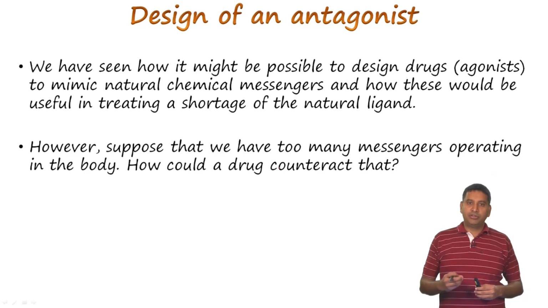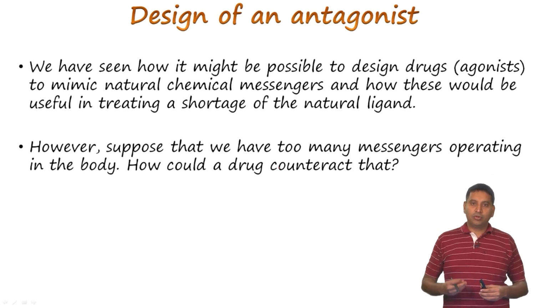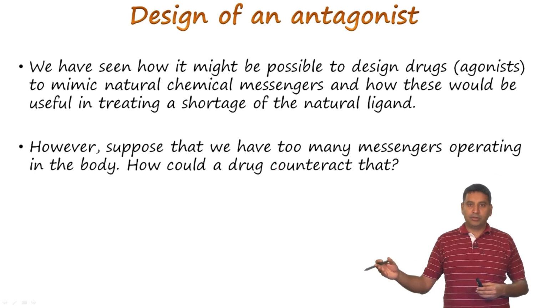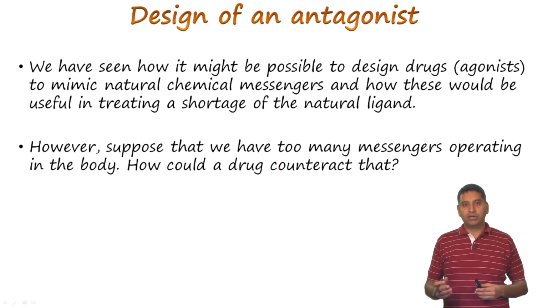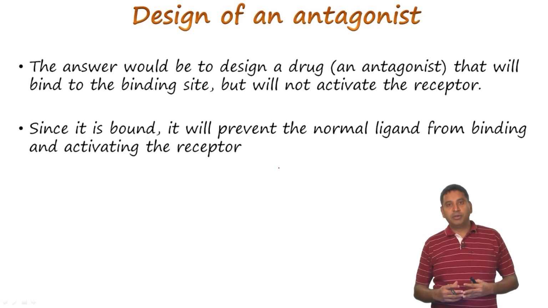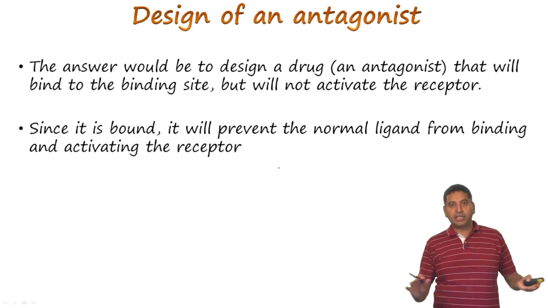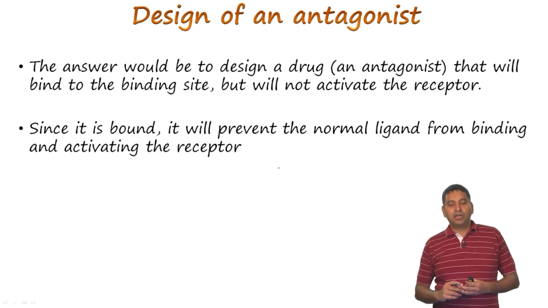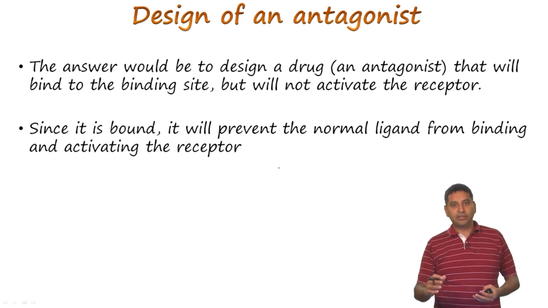What happens in this process is that you would have hyperactivation or large scale activation of the receptor, which leads to unwanted excess signaling. So, we need to design a drug that can counteract this process. The answer would be to design an antagonist that will bind to the binding site, but will not activate the receptor. Since it is bound, it will prevent the normal ligand from binding and activating the receptor.